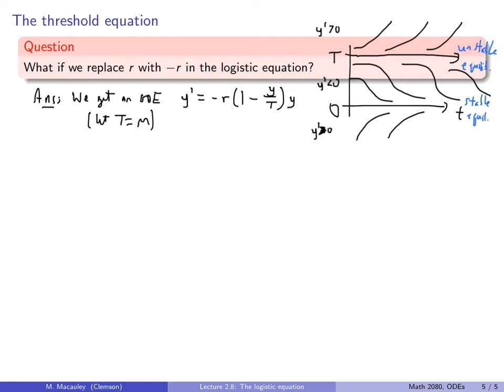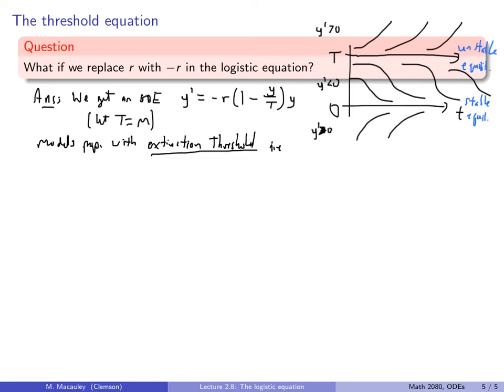So let me summarize that. This models a population with an extinction threshold. And that's why I wanted to call that t instead of m.